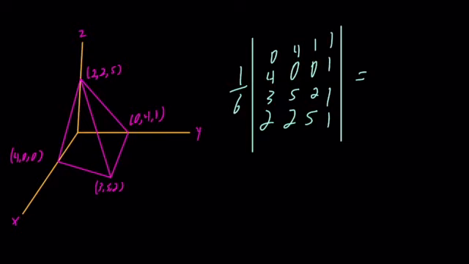And when you do either, you get 1/6 times -72, which ends up being -12. Now, of course, can you really have a negative volume? No. So the volume of the tetrahedron as a final answer would be 12 cubic units.